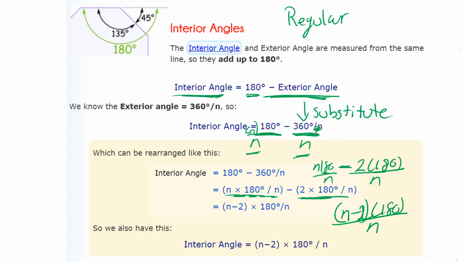So whenever we do that, we have our equation for the interior angles of regular polygons. That being 180 times the difference of n and 2, divided by n. 180 times the difference, right?